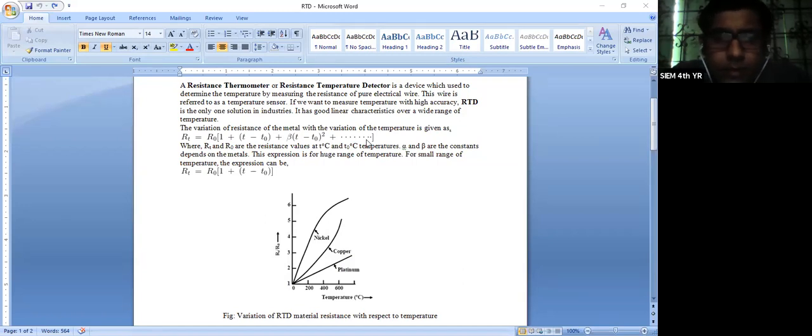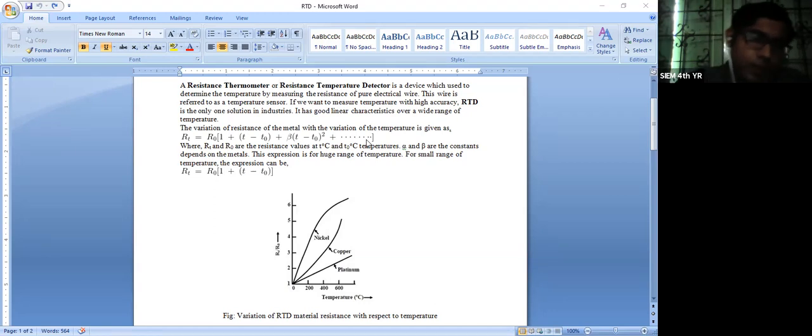For example, t0 is say 10 degrees Celsius and t is say 250 degrees Celsius. For a huge range of temperature like this, this relationship is applicable. But when the temperature change is very small, say 10 degrees and 12 degrees Celsius, then the expression is approximated as R_t equals R_0 times (1 plus alpha (t minus t0)).